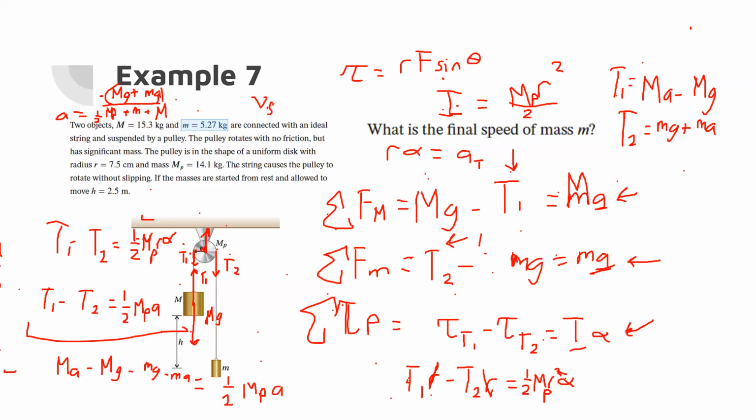The v final squared is equal to 2 times acceleration times my change in position. So in this case, this will be the height h that's given to me, and I can solve that to get that, like that.